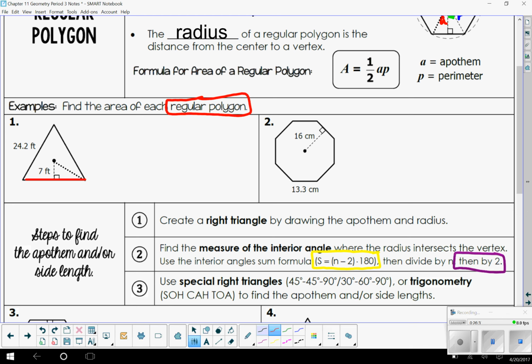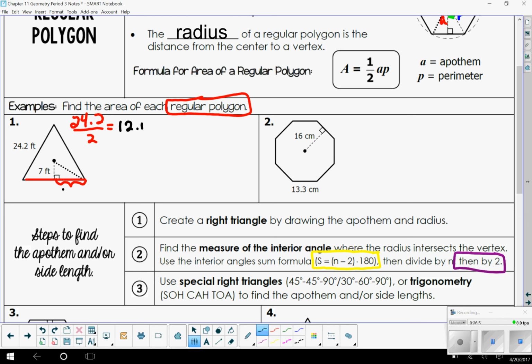Because we only want half of it, we only want this half, how do we figure out what that is? Yep. Both of you, good job. 24.2 divided by 2 is what? Good. Yeah, 12.1.